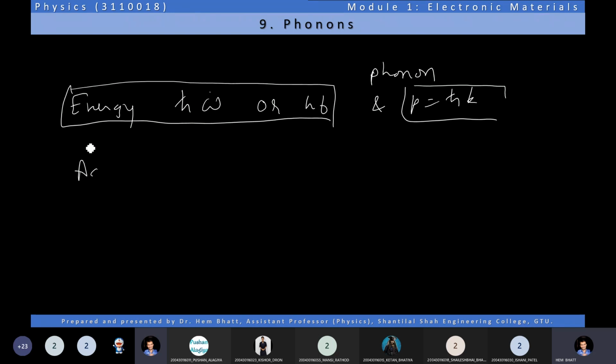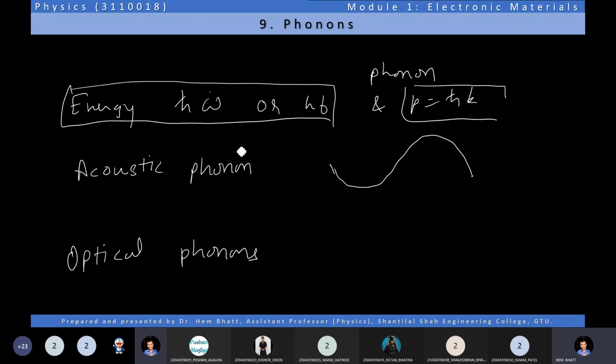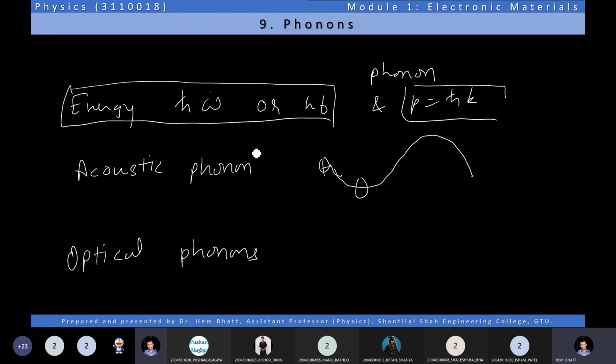What do you mean by acoustic phonon? See, whenever there is vibration, there are two possibilities. One possibility says that the positive and negative ions will vibrate together. They will vibrate in harmony with each other.